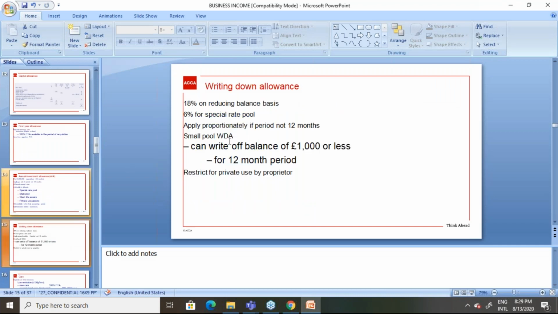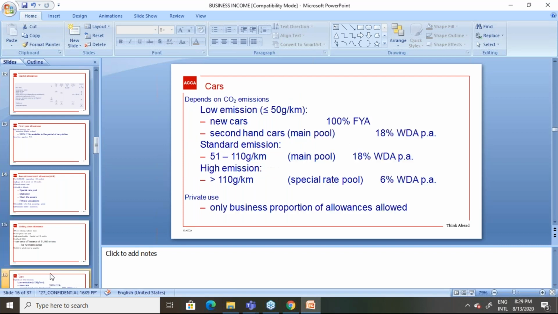So I explained written down allowances, 18%, 6%, and small pool WDA, and restriction for private use by the proprietor. Then when it comes to cars, motor cars, on motor cars, we know we are not permitted to claim AIA.